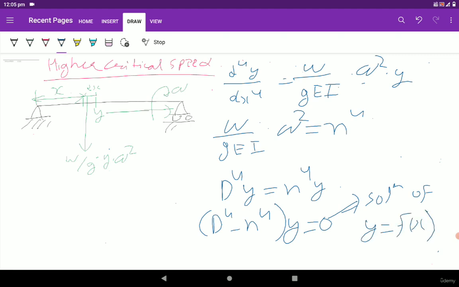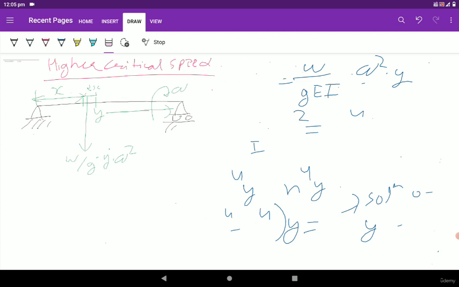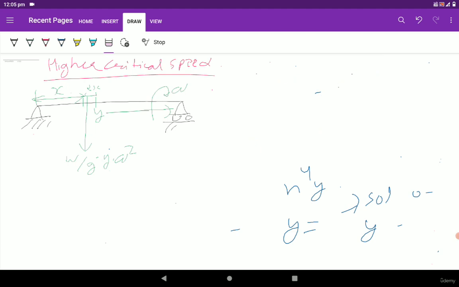So the solution consists of the complementary function plus the particular integral, which we have seen in the previous lectures of this course. I think this topic must be going over your head because it requires the understanding of the strength of material part, basically bending moment and deflection part.